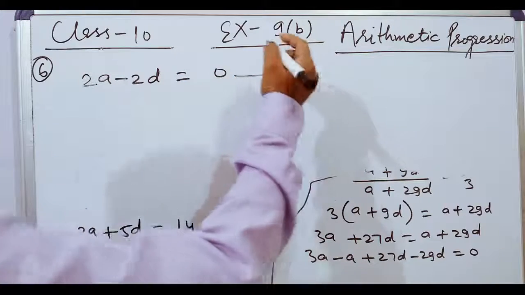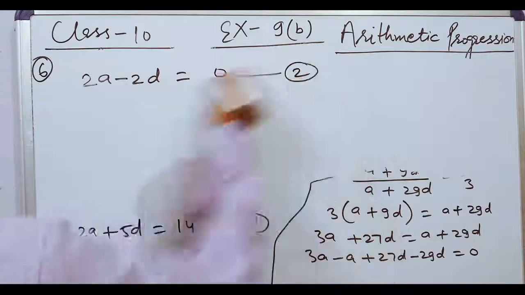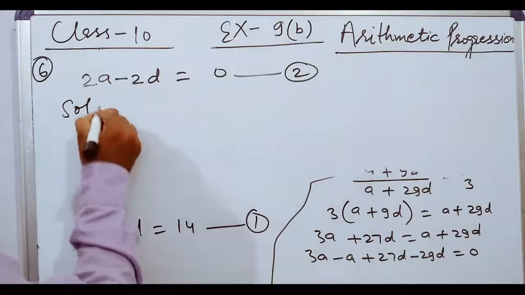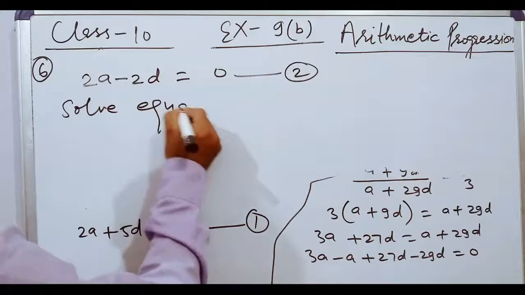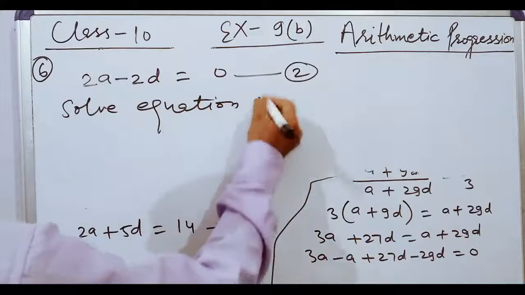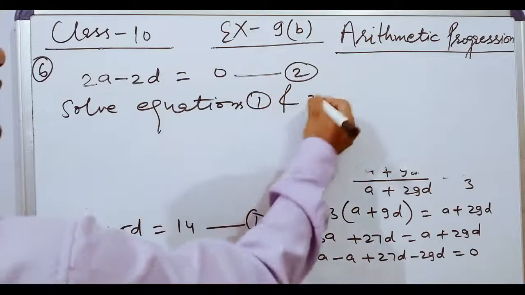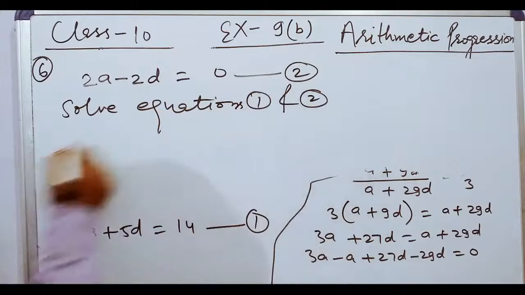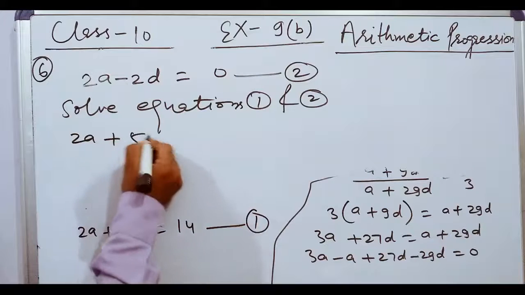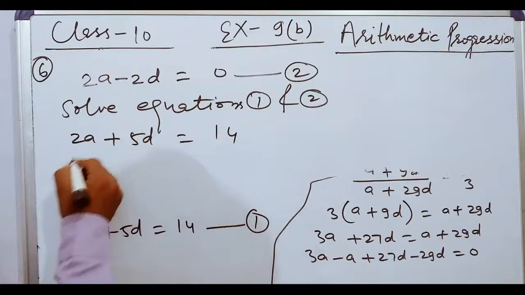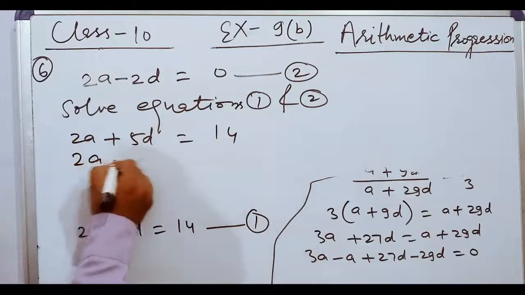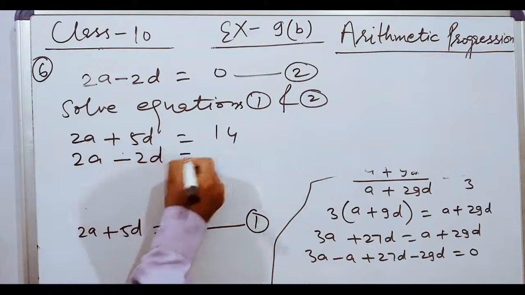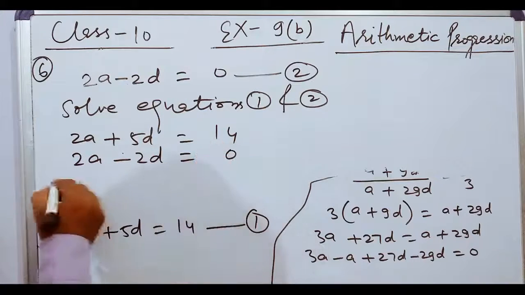It is equation number 2. Now solve equations 1 and 2. First, 2a plus 5d equals 14. Second, 2a minus 2d equals 0.